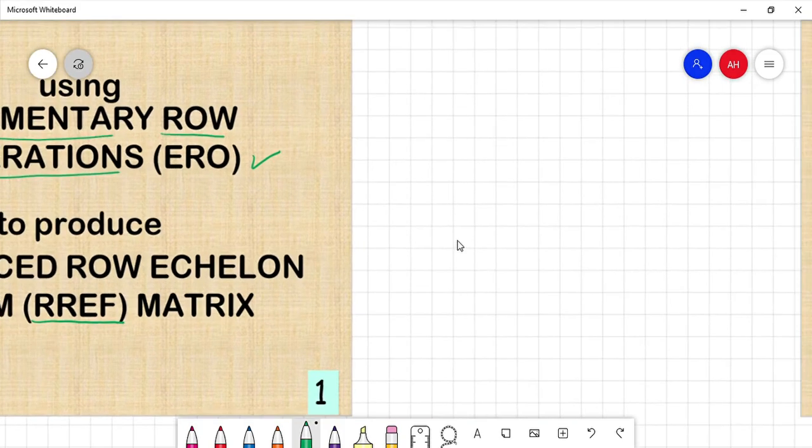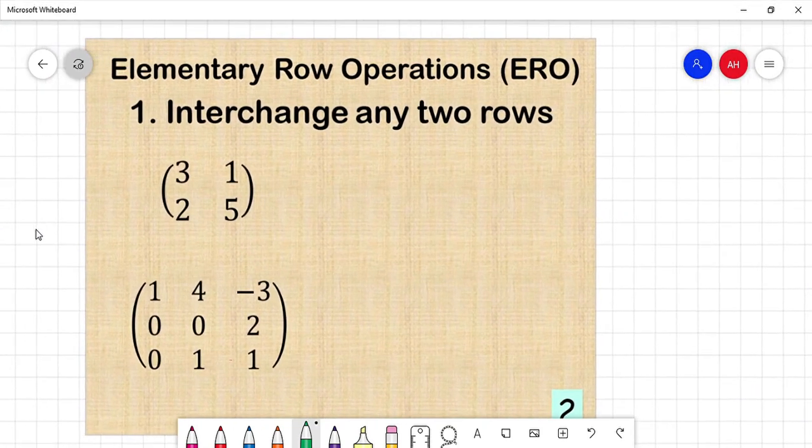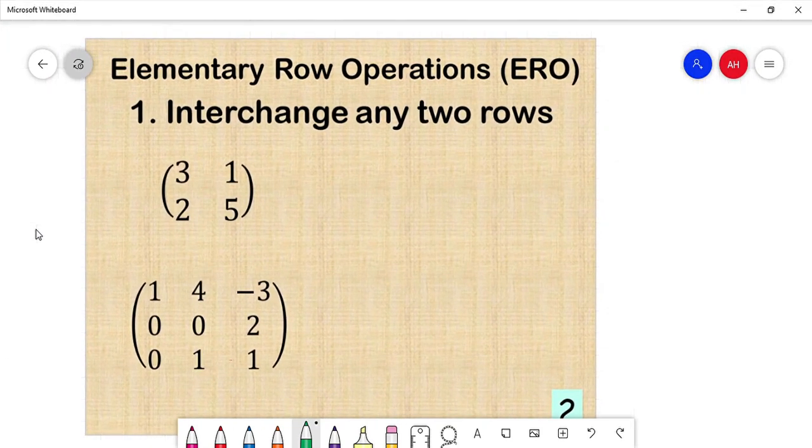Now, the first operation in ERO is that we can always interchange any two rows. This is our row number one, and this is row number two.